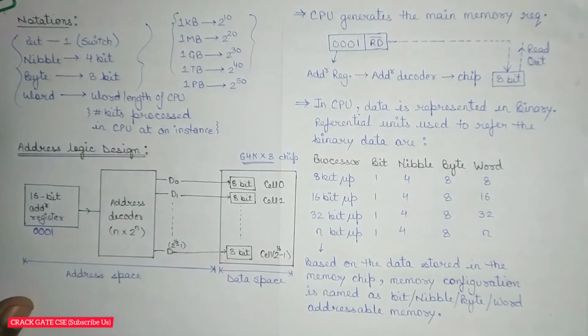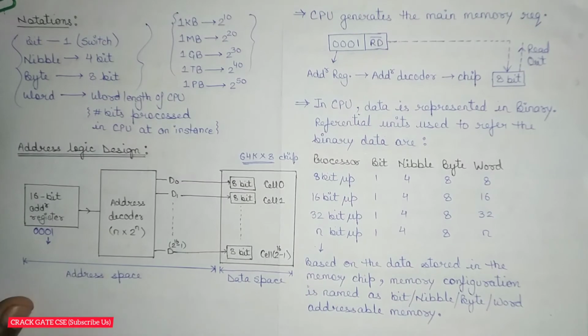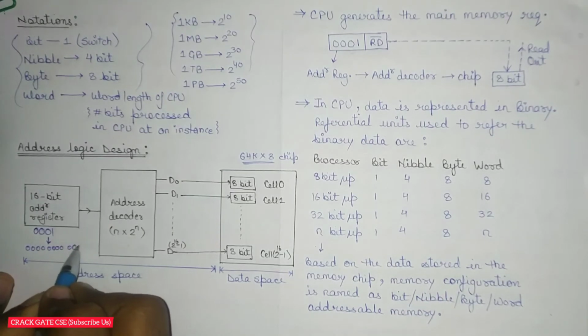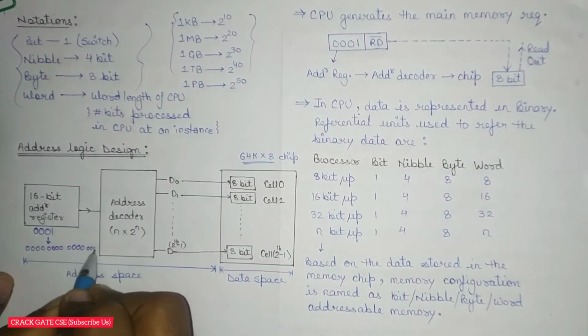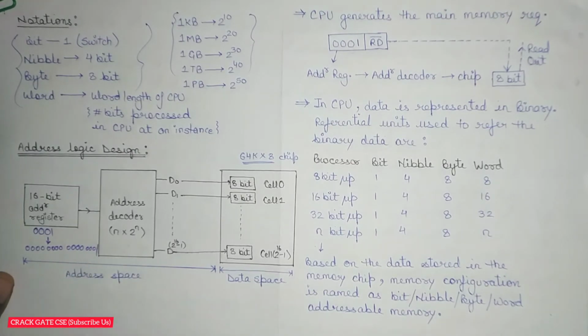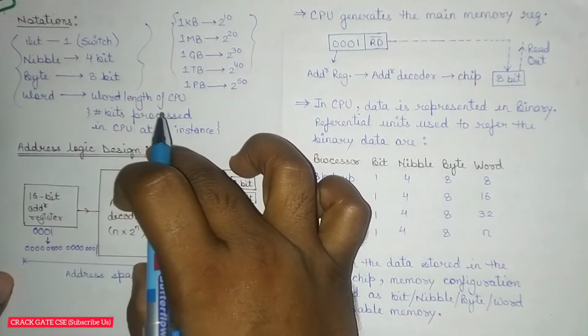The address register is used to store the address. Now this is in hexadecimal, right? We'll be converting it to binary. That means 0000, four zeros, again four zeros, and then 0001. That means 15 zeros and 1 at the LSB place. This will be fed into this address decoder.